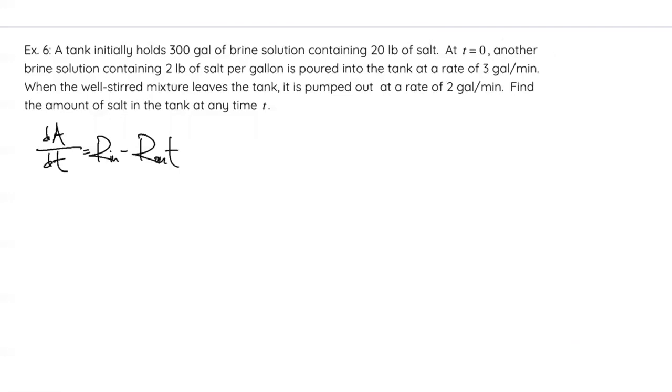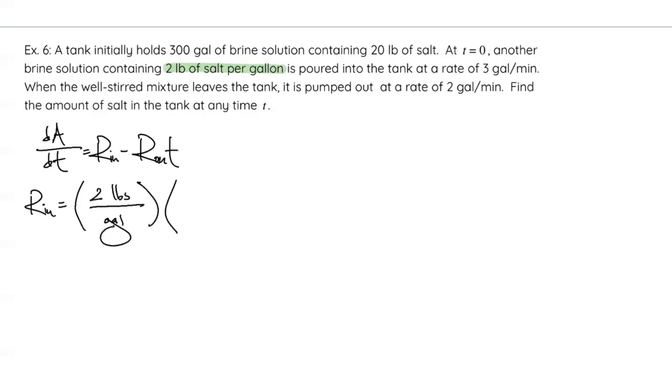All right, so we have rate in. Let's see, how much salt is coming in? Well, if we go back to our problem, it says 2 pounds of salt per gallon. So I'm going to write 2 pounds per gallon.